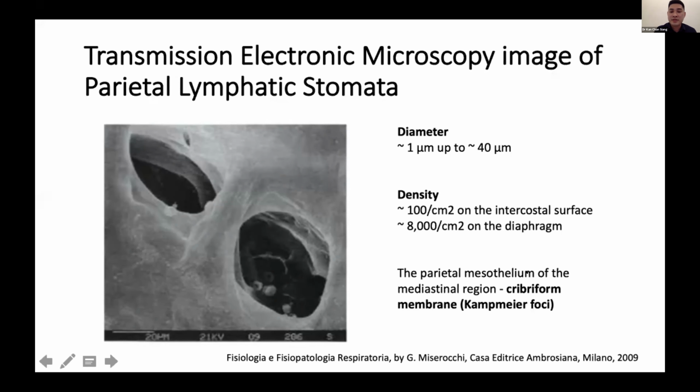Now, the parietal mesothelium in the mediastinal region contains so many of these stomata that it even has its own name. This structure is known as the cribriform membrane, or by another name, the Kampmeier-Foreman.